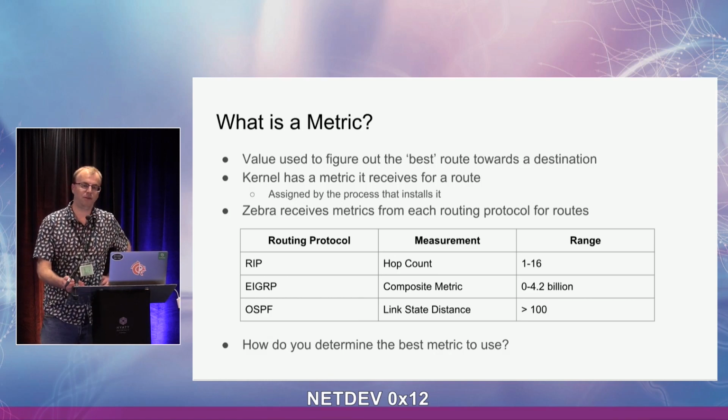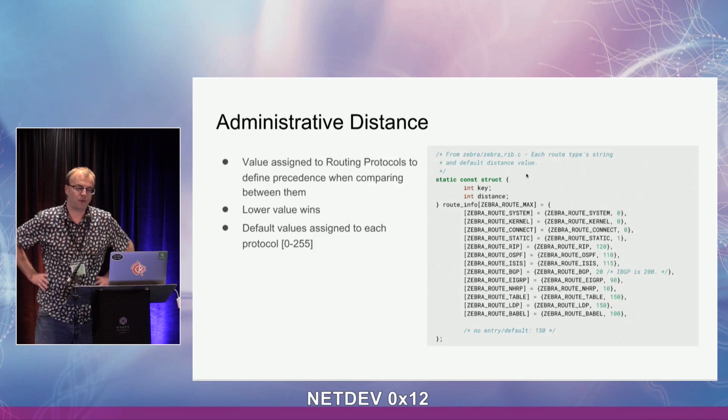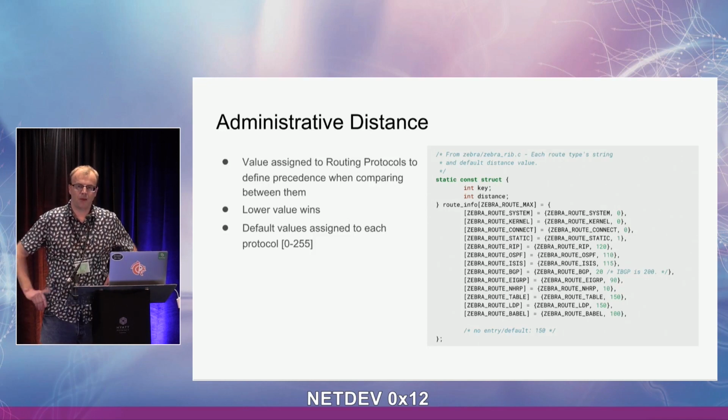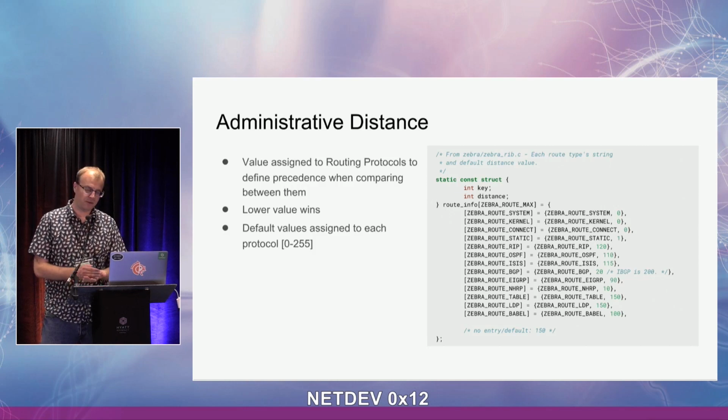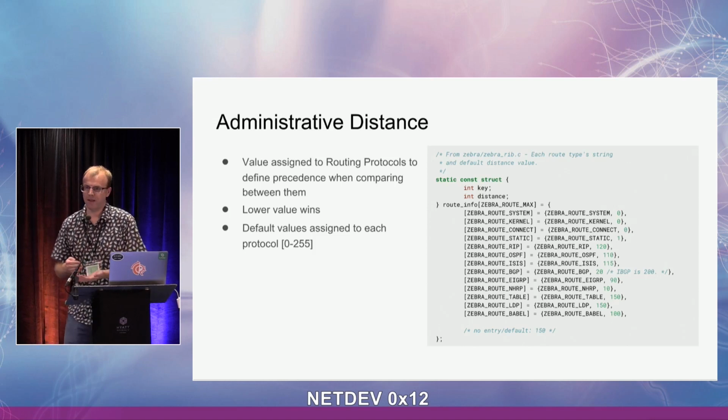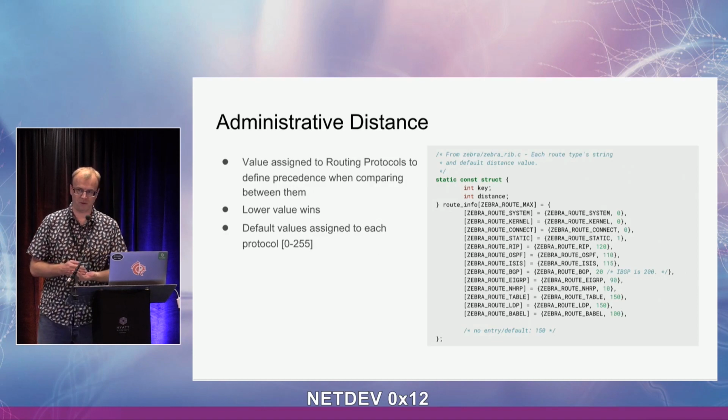So how does Zebra decide what's the best metric to use? Routing protocols or routing suites have this idea of administrative distance. We've decided a priori that each routing protocol has a different distance. So if RIP and BGP both install the same route into Zebra, Zebra is going to look at those routes and decide that the BGP route is better based on this administrative distance value we've assigned to it.